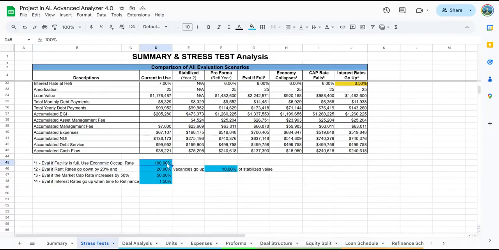So situation 1 is you evaluate it if the facility is full. And usually you'll put this at 100%, but it may be something like 95%.